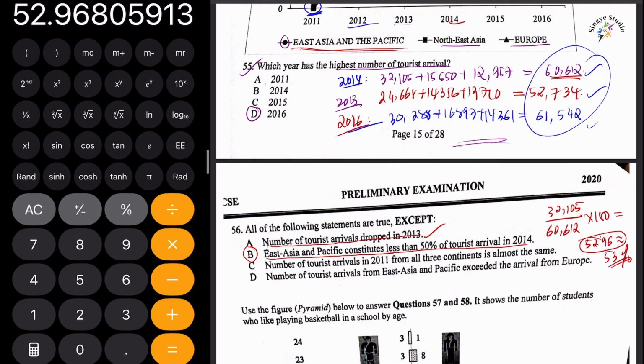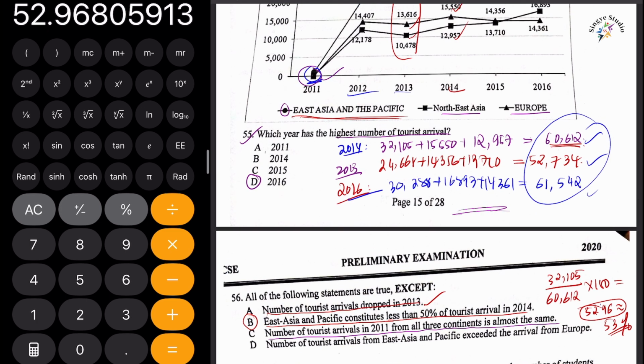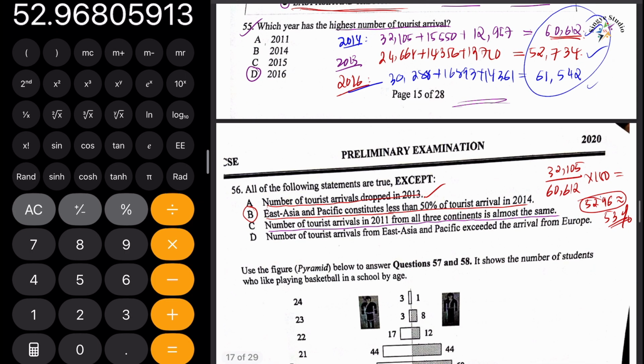Let me see the other answers also. Number of tourist arrivals in 2011 for all these three regions is almost the same. Look carefully, yes, all of these lines converge at 2011, which means the number of arrivals is almost the same. It is correct. Number of tourist arrivals from East Asia and Pacific exceeded the arrivals from Europe.